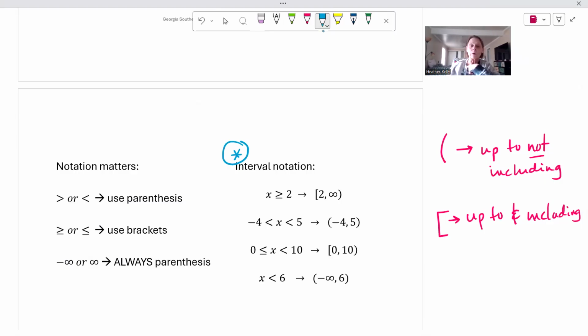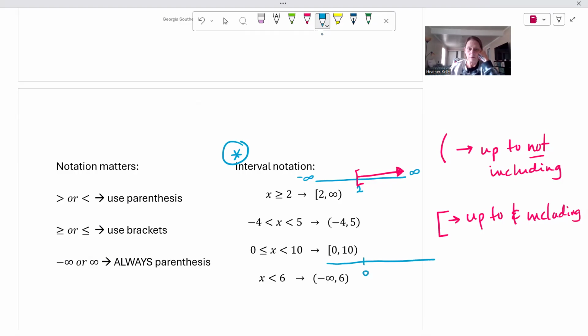And so if we were going to draw a little number line with this going to infinity, this negative infinity, and I just threw a 2 on here, then if I wanted to draw this, I would start with a bracket at 2 and I would go on with an arrowhead pointing towards infinity, indicating that it goes on and on and on.